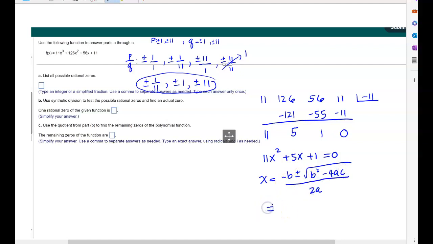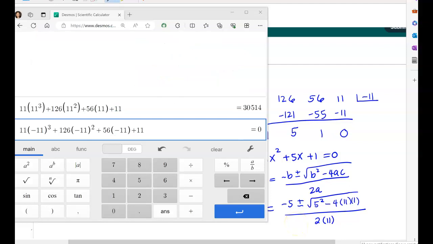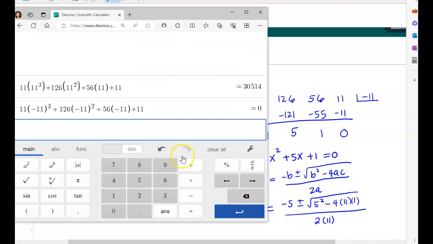So let's plug in the coefficient. So you have negative 5, b is 5, plus or minus the square root of b squared, so that's 5 squared, that's 25, minus 4 times a is 11 and c is 1. All over 2 times a, which is 11. And then you simplify this. To simplify it, you could plug this into the Desmos calculator.